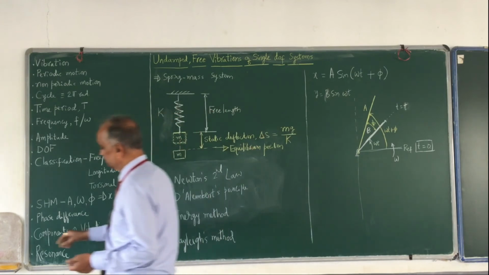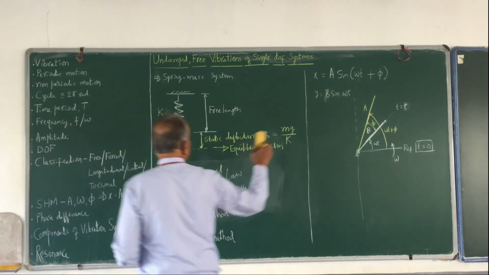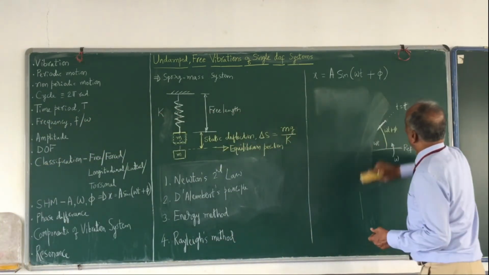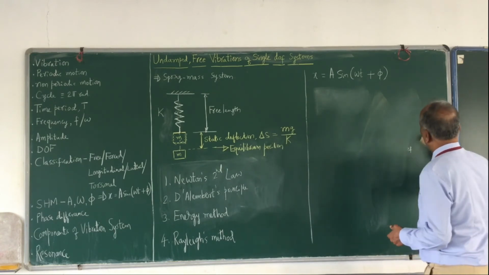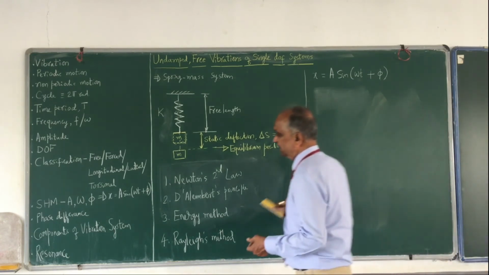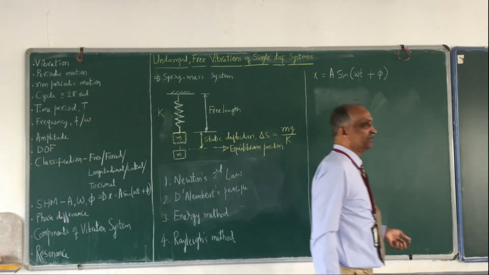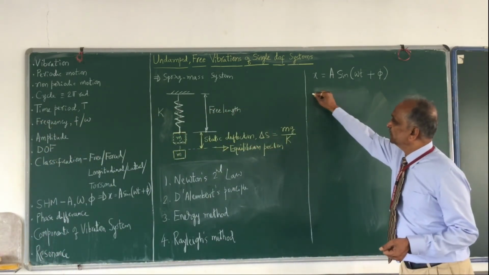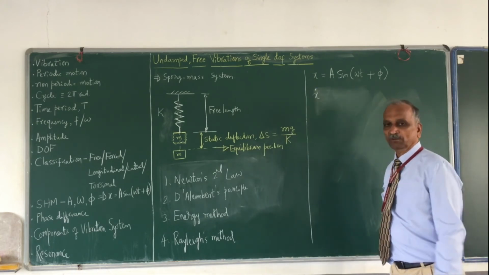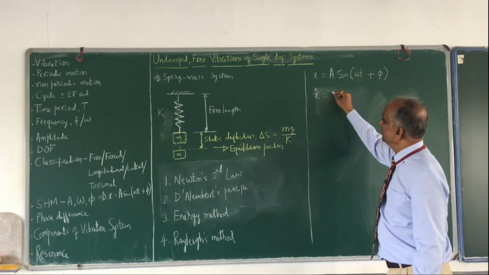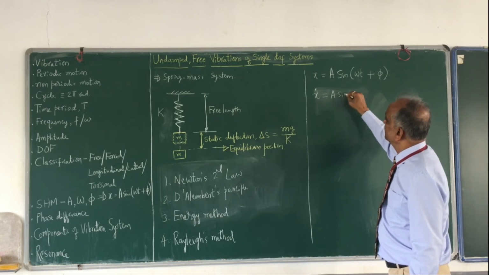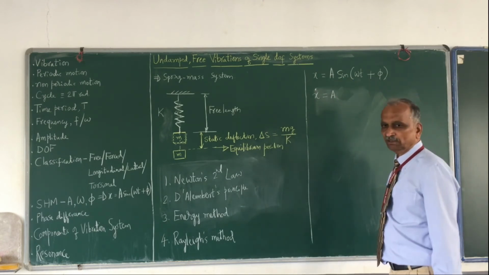Okay, so now let me start. I don't have to explain what this is; I hope you have understood. A is the amplitude, omega is the frequency, and phi is the phase difference. Now I would like to differentiate it once with respect to time and call this x dot, the velocity. A is a constant.